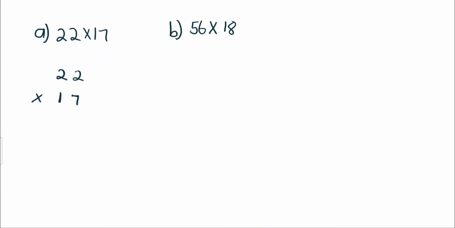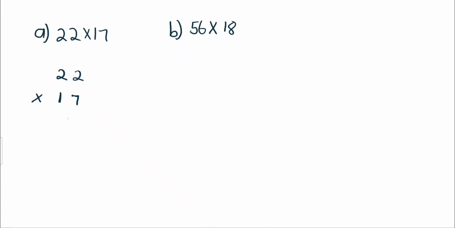Now, what needs to happen here is 7 must multiply 2 and then 20. When we're done doing that, 10 must multiply 2 and then 10 must multiply 20. So essentially, both the digits underneath must multiply both the digits that are on top, or vice versa.